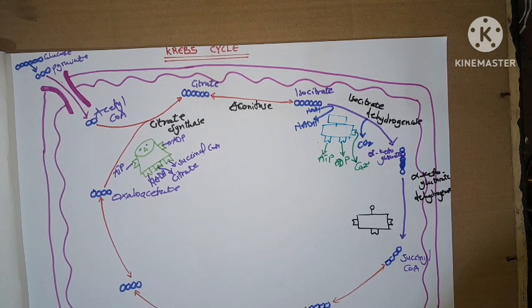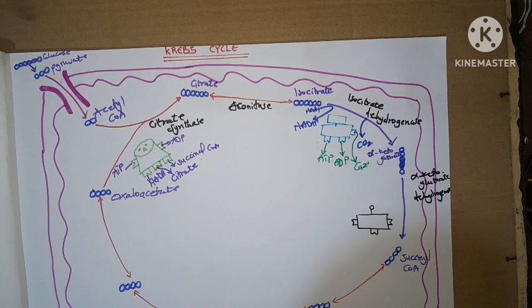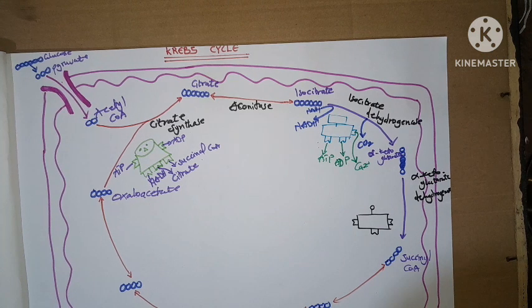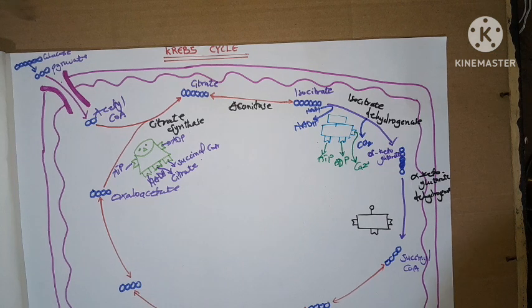And remember, the name succinyl-CoA means that we added a CoA group too. So, in the conversion of alpha ketoglutarate to succinyl-CoA, we lost a carbon in the form of carbon dioxide, NAD plus was converted to NADH, and also we added a CoA group.